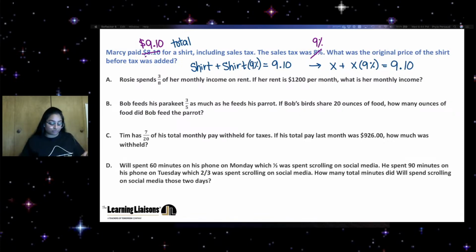So let's try Rosie. It says that Rosie spends 3/8 of her monthly income on rent. And her rent is a total of what? $1,200 per month. So that tells us that $1,200 is our total. Now what are we doing? We are taking 3/8 of her income.